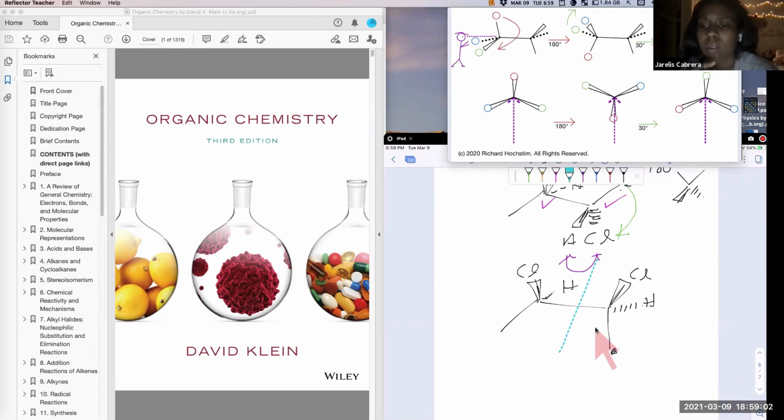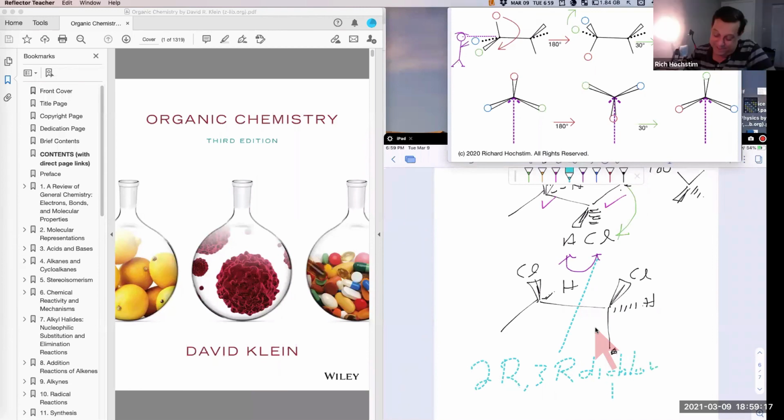So it'd be 2R, 3R, 1, 2, 3, 4-dichlorobutane. That's right. So those are the tricks for naming, and what I'd recommend is that you use them and do as many practice problems as you can.